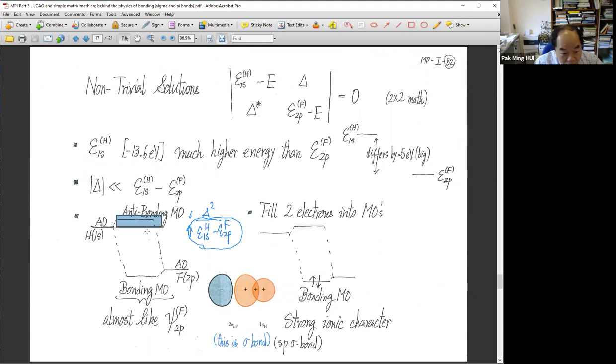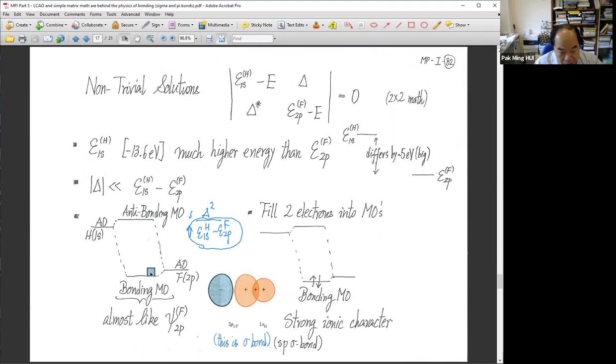So I draw it just as a small difference here to illustrate the point. Similarly, the fluorine side will be pushed down by a little bit, actually by the same amount. Okay, you flip the two energies, that will be minus, that is going down.